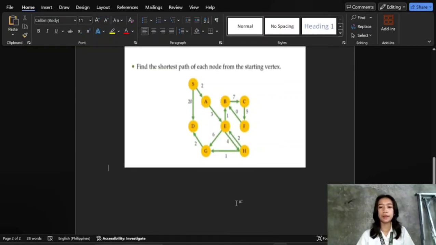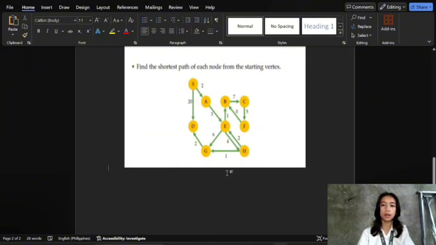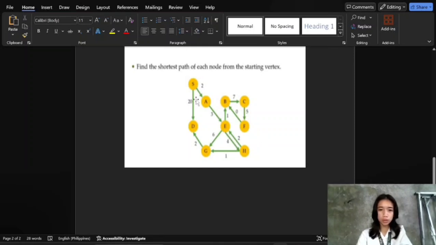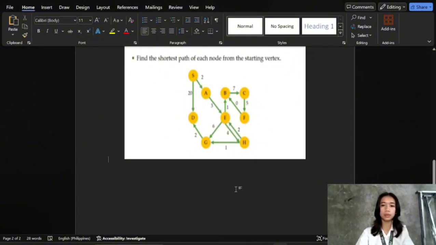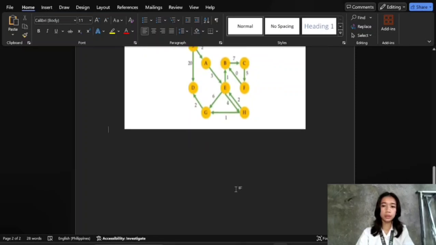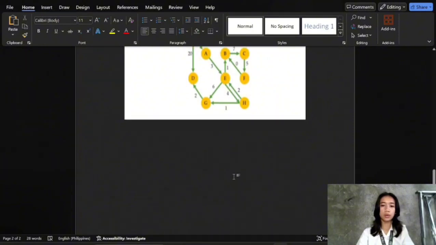So the shortest path is from S to all other nodes, these letters. So we need to compute the shortest path. The shortest path distances from the vertex S to all other nodes are as follows.